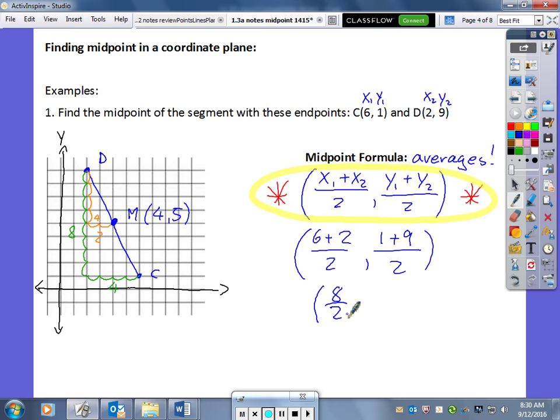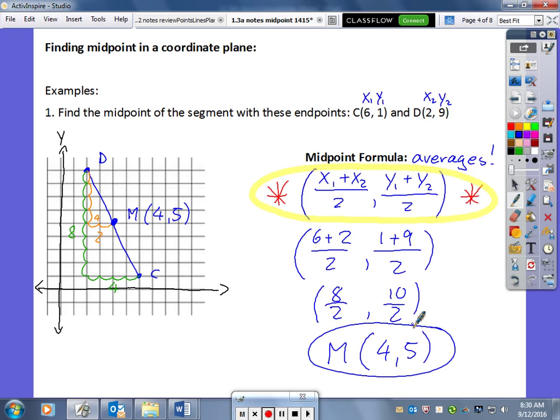Simplifying, we get 8 over 2, 10 over 2. In other words, the coordinates of our midpoint M are 4 and 5.